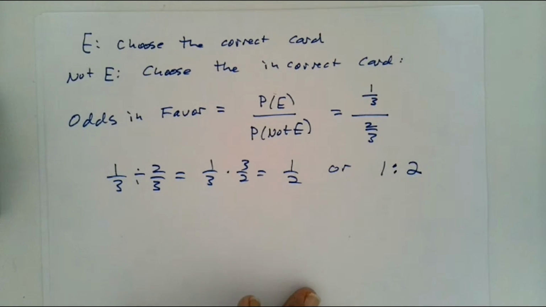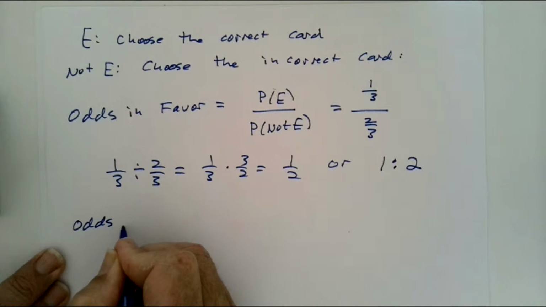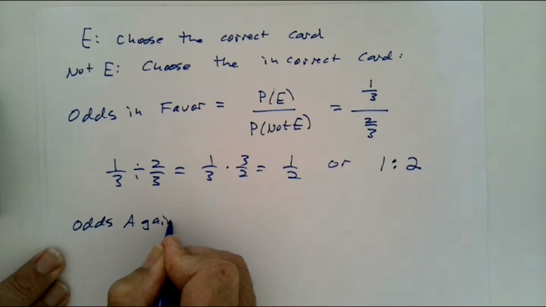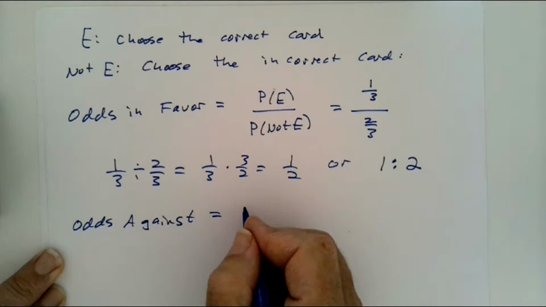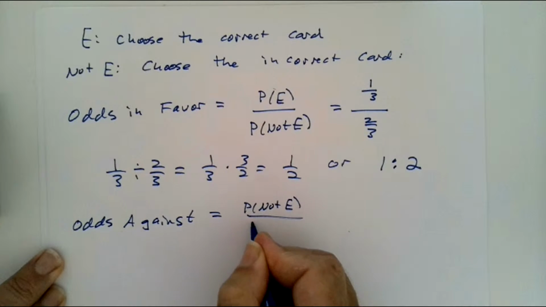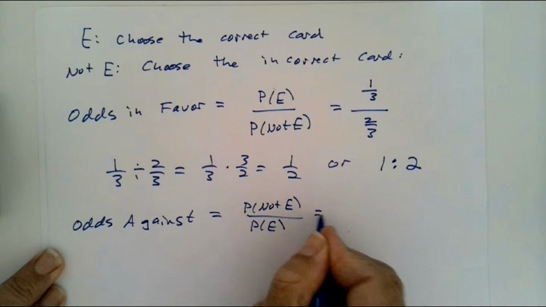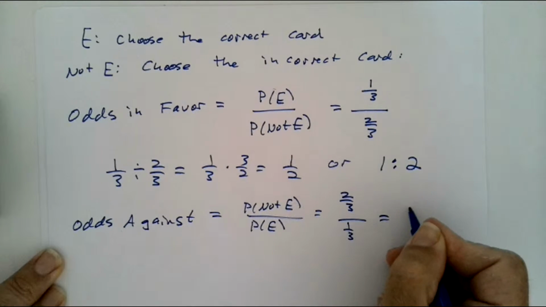If we wanted to rewrite this in terms of odds against, which frankly I think is more useful, odds against is what they give you if you do parimutuel betting. Odds against is just the reciprocal of this fraction: probability of not E divided by probability of E. So in our case, 2/3 divided by 1/3, which gives us 2 to 1.